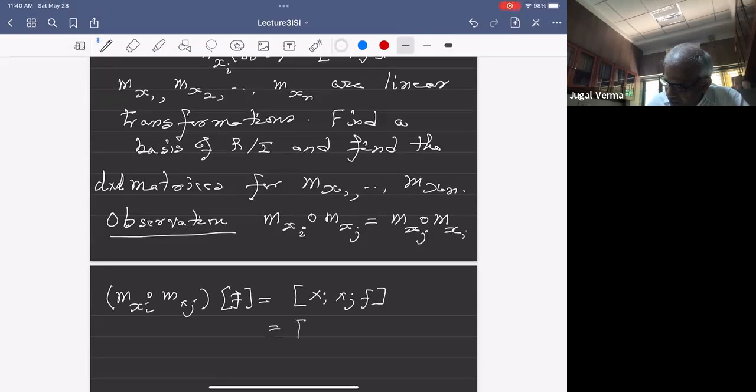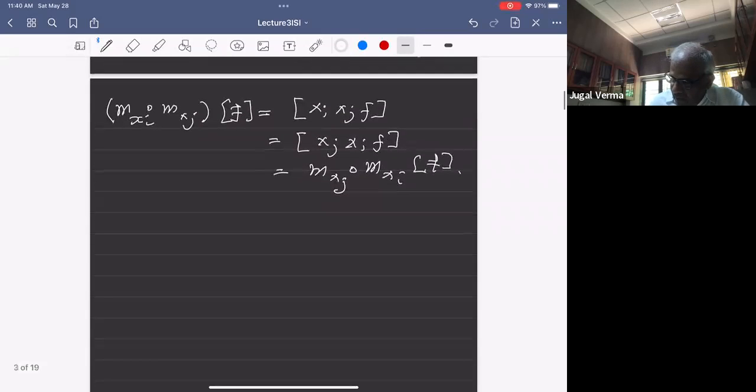But this is the same as Xj Xi f. And this is equal to MXj composed with MXi acting on f. So these are commuting matrices. And we have seen they're all diagonalizable. We have seen that.